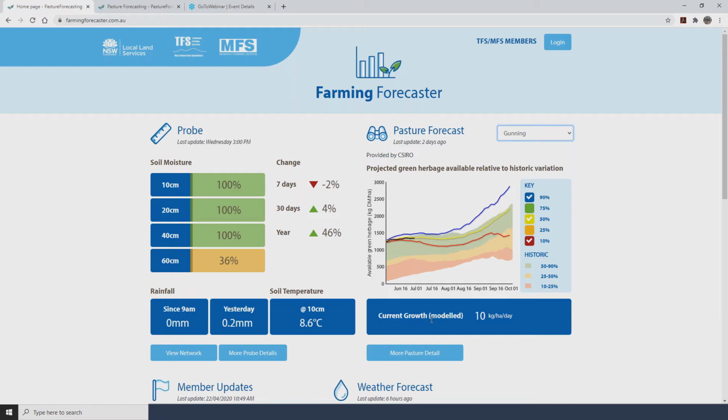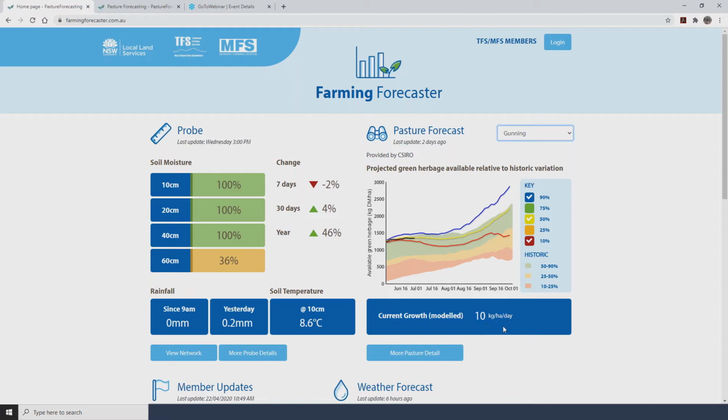It's worth noting that the pasture growth rate figure, here showing 10 kilograms of dry matter per hectare per day, doesn't actually account for any pasture decay that might be occurring, whereas other published growth rate figures, that you might find in, say, the ProGraze manual, do account for decay. So the pasture growth rate figure on Farming Forecaster at certain times of the year will be a bit on the high side.